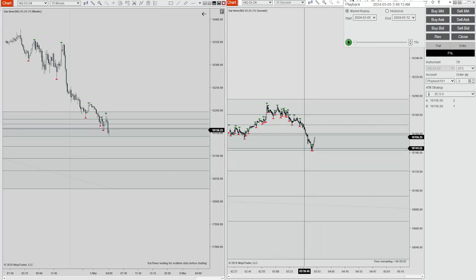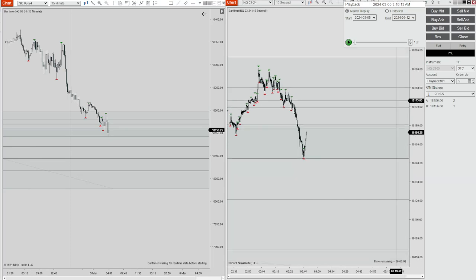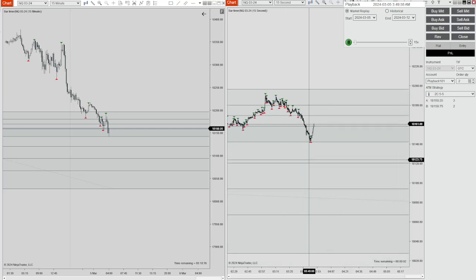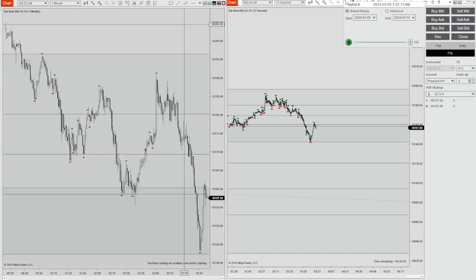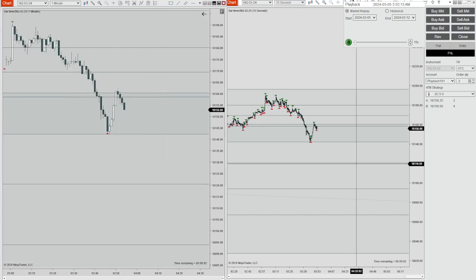So right now we almost took this zone that I was waiting for. Let's see here. Right, so again, another inducement, I think, and then come down to take it.